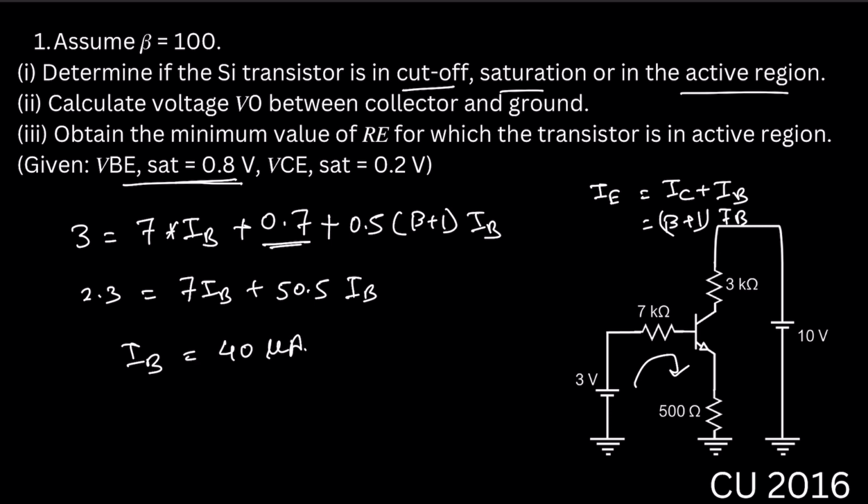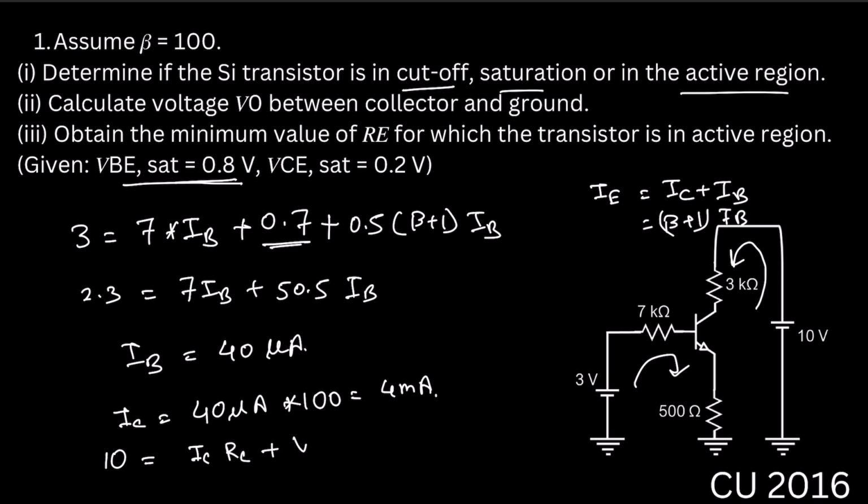Okay, so what will be the value of IC? IC will be 40 microampere multiplied by 100. It will be 4 milliampere. Okay, now applying KVL at the output loop, what we will get? 10 equals IC RC plus VCE plus IE into RE.